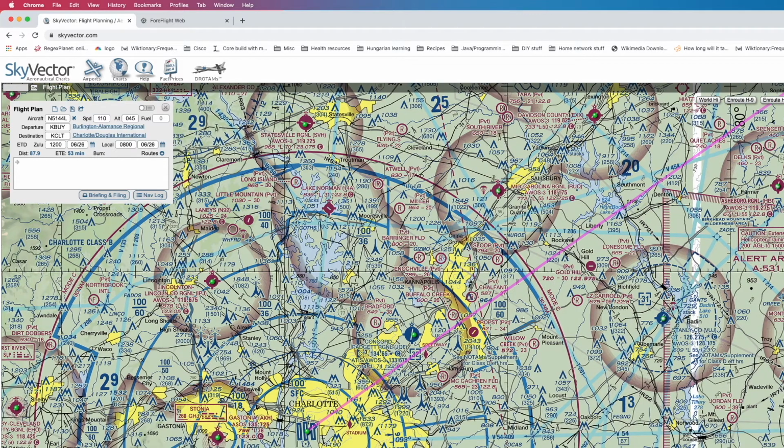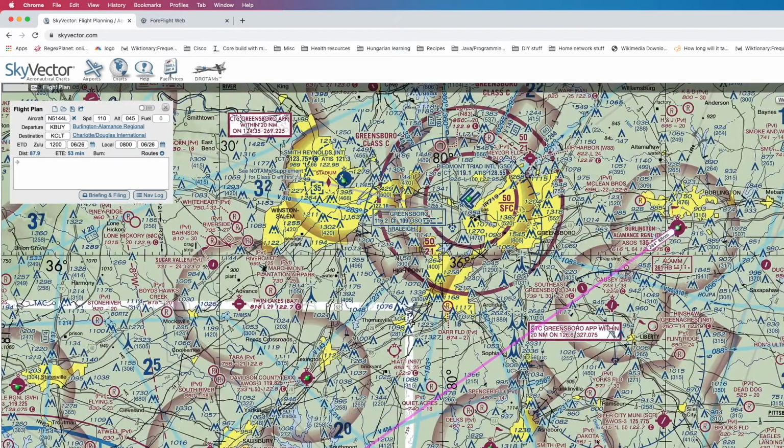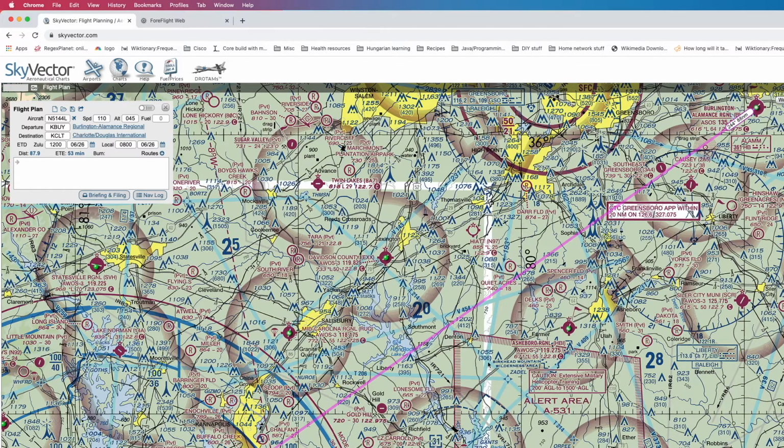An altitude of 3,500, which was planned, gets us safely above all of these different sector minimums, and allows us to not have to worry about having to be at 4,500 going west, 5,500 going east, because 3,500 is below 3,000 AGL, since the general elevation is at least 600 feet or higher.